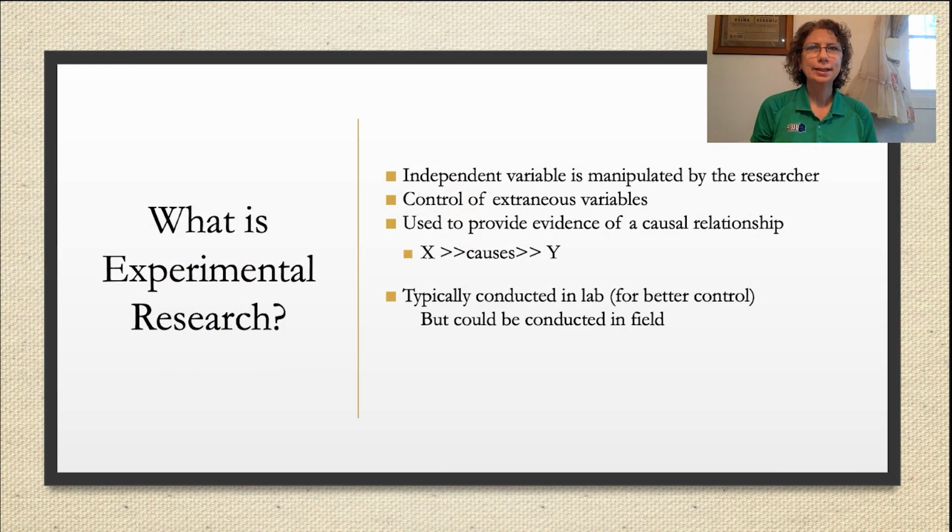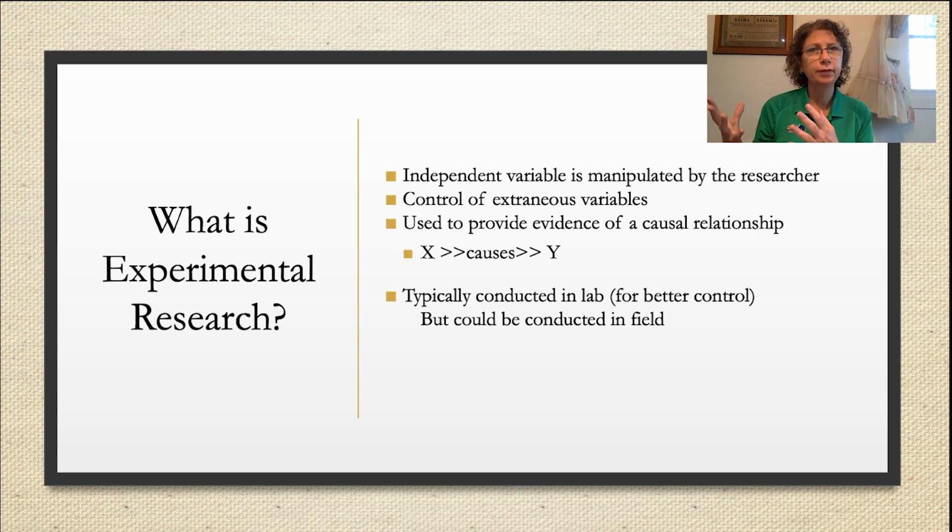So, what is experimental research itself? Well, this is the class or category of research that is necessary for looking at a causal relationship. So, what do I mean by that? When a researcher conducts a study, they're typically looking for what treatment creates an outcome.